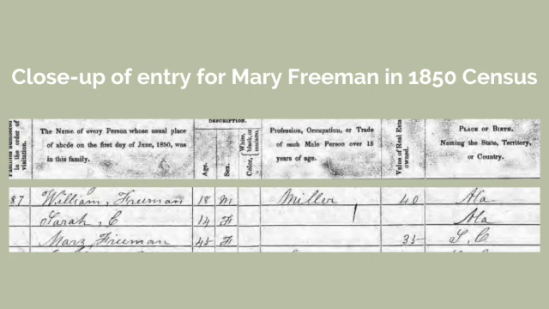I don't know if you can see the cursor, but she's living with a man that I believe was her 18-year-old son, William Freeman, who vanishes after this census. His 14-year-old wife, Sarah C. Freeman, who the census enumerator says this couple has been married within the census year. And then they're living with the woman I believe is William's mother, Mary Freeman.